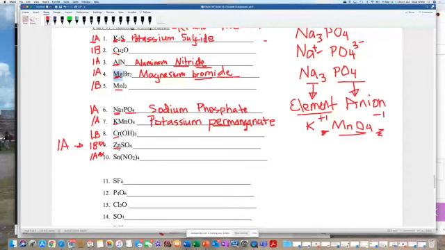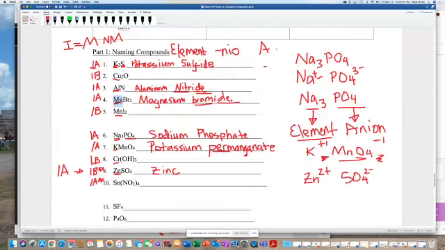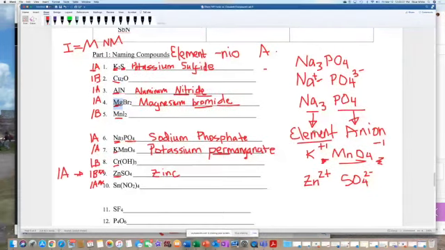Okay, first element here will be zinc. Now zinc normally has a charge, so I'm going to add it here so you can see how it follows the format. Zinc normally has a charge of 2 plus. And if you look at sulfate, I already told you what sulfate was. Sulfate is 2 minus, just in case you've forgotten since you learned this last week. It should be somewhere here.